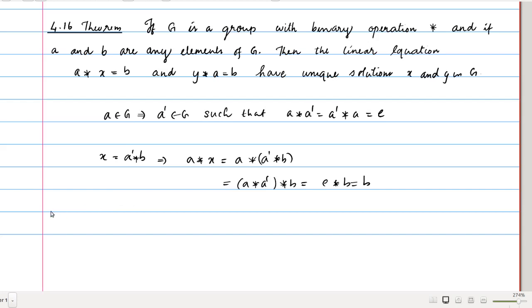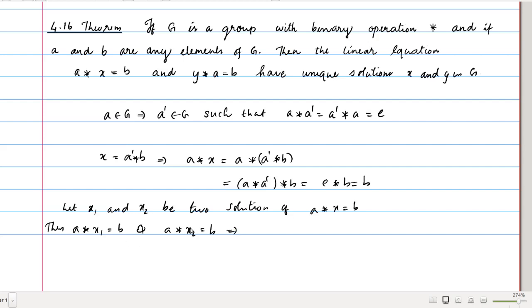Suppose there are two solutions for the linear equation A star x equal to B. Let x1 and x2 be two solutions of A star x equal to B. Then A star x1 equal to B, and A star x2 is also B. From these two equations, A star x1 equal to A star x2.